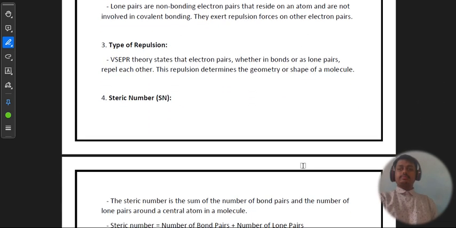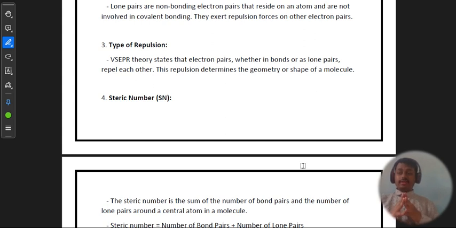Types of repulsion. There can be three types of repulsion in this VSEPR theory. The first type is lone pair-lone pair repulsion, the second one is lone pair-bond pair repulsion, and the third one is bond pair-bond pair repulsion.